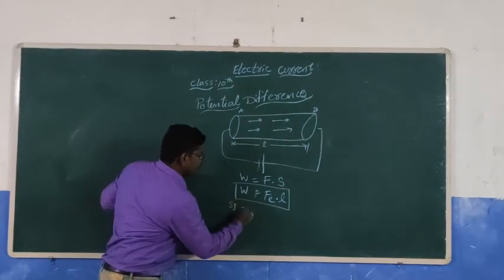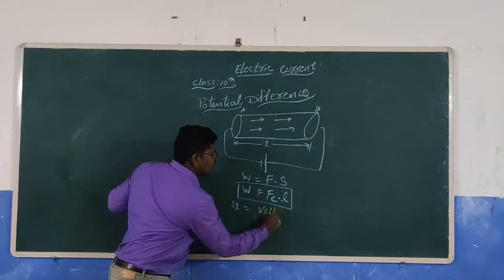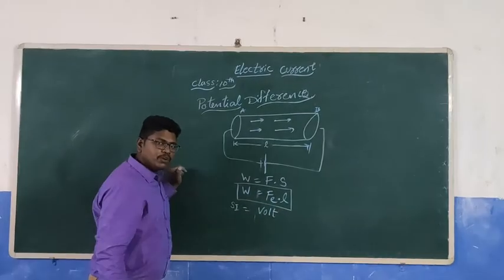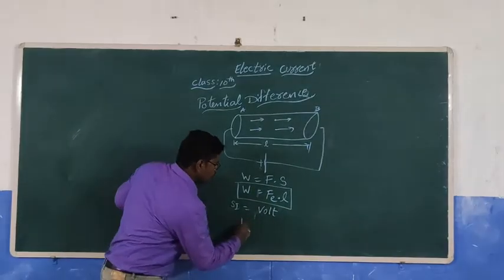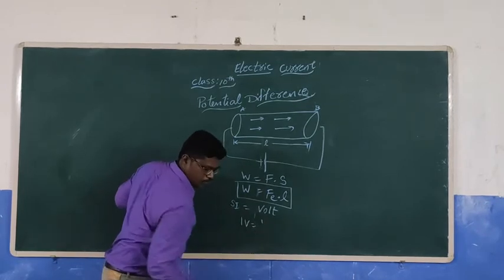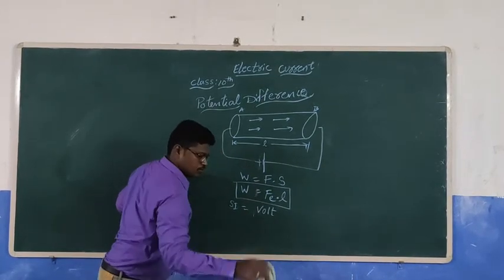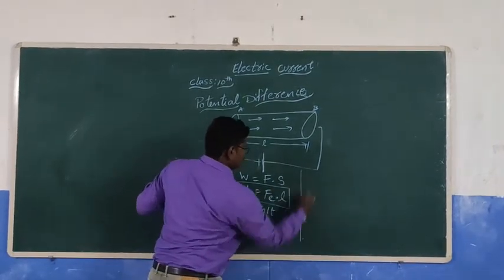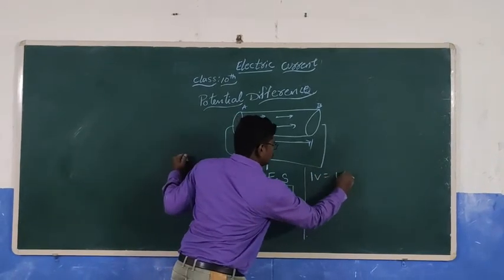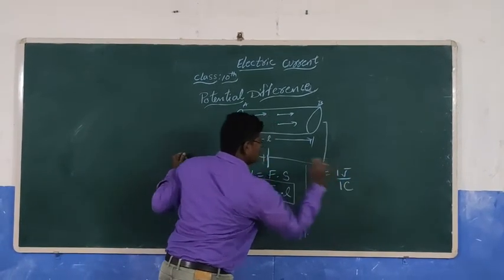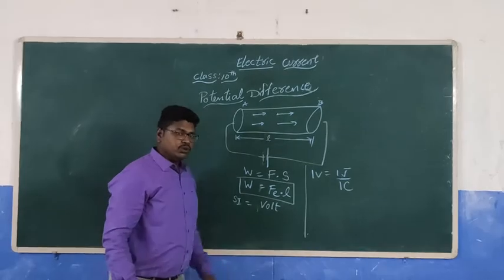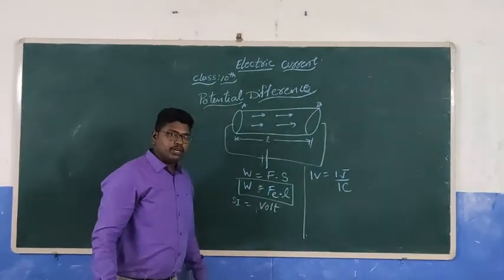What is the SI unit of potential difference? Volt. So 1 volt is equal to 1 joule per coulomb.